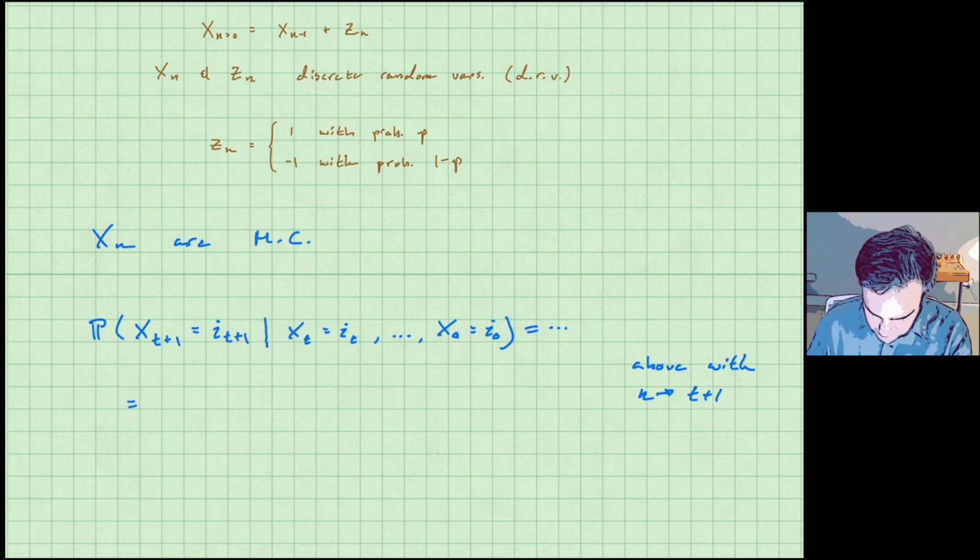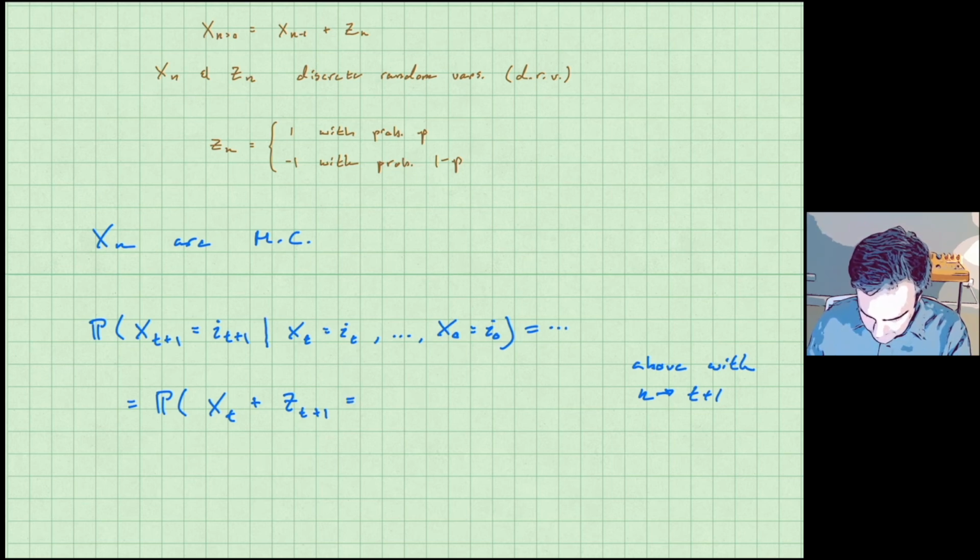And if I do that, what I get is the probability of, and now I'm going to rename this guy using this, x sub, if n is t plus 1, n minus 1 is t, plus, and again n is t plus 1, Z sub t plus 1.